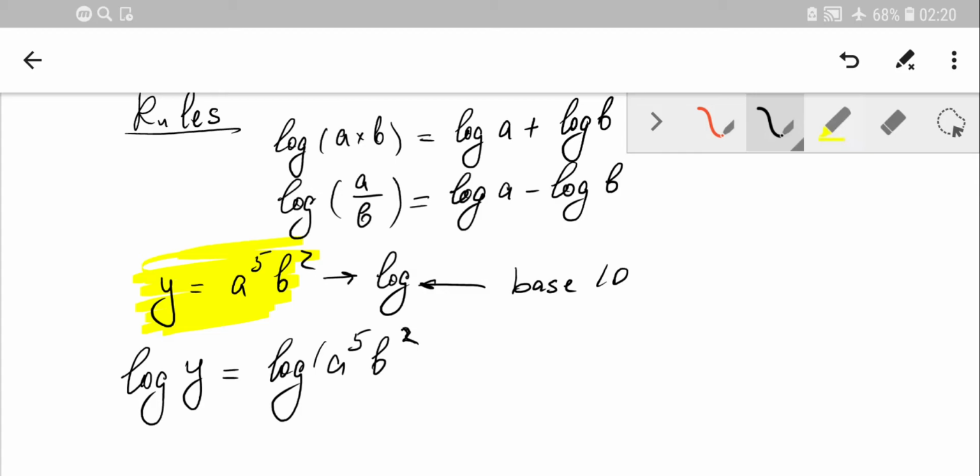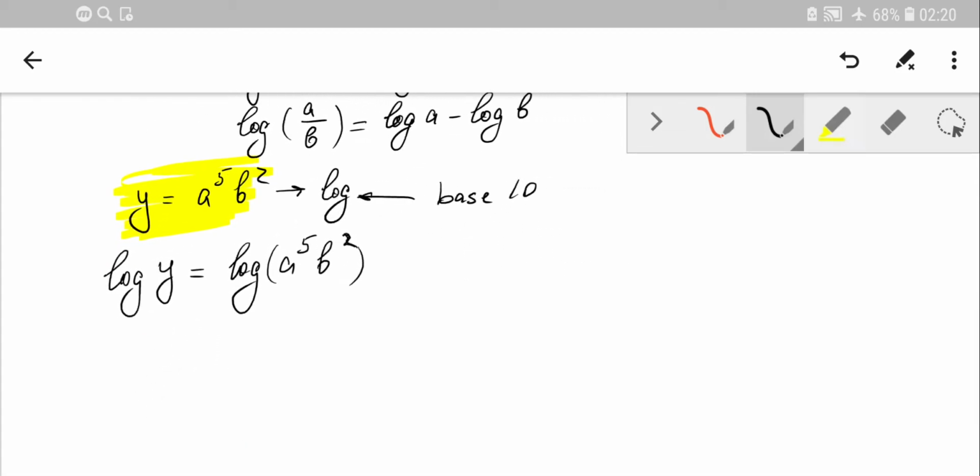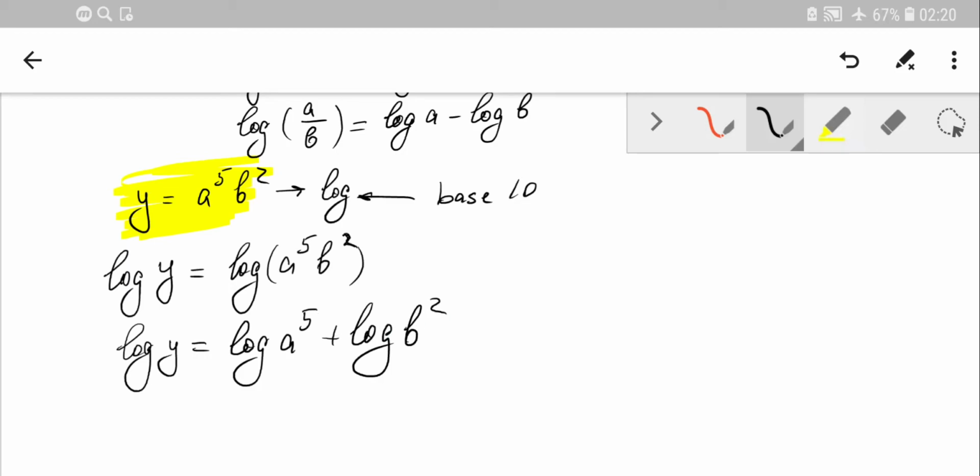So what we can do right now, we just apply logarithmic properties as for normal logarithm, and in this case, we can get log y equals to, so here we'll have multiplication, and that's why we'll get log a^5 plus log b squared. And then how to simplify it to have two logs, we simply can write log y equals 5 log a plus 2 log b.